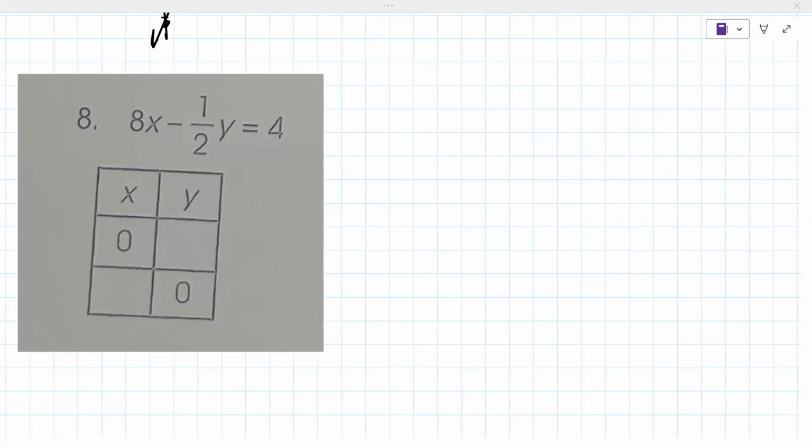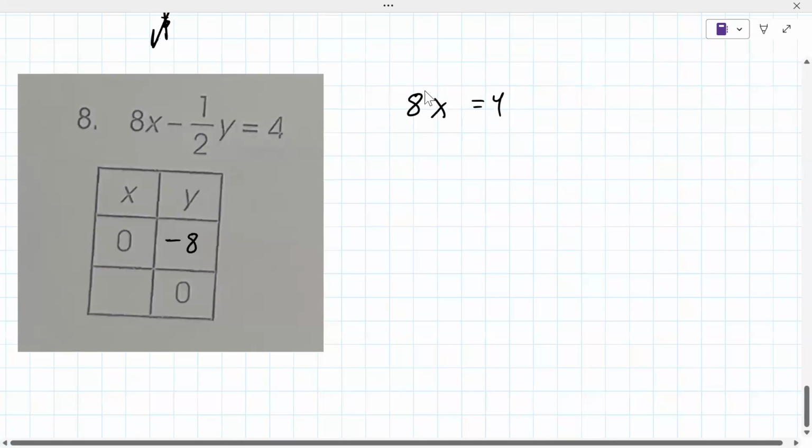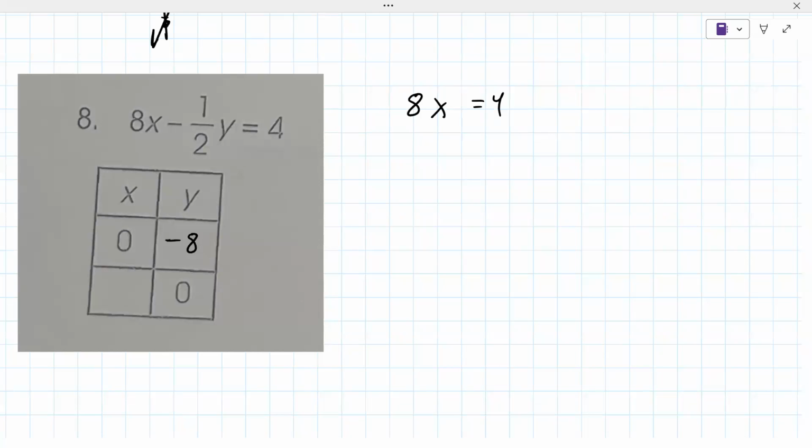Okay. Would y equal -8 and x equals 2? So for the second one there, 8x equals 4. Does that look right to you? I mean, how do you solve this for x? Oh, I did the wrong thing.